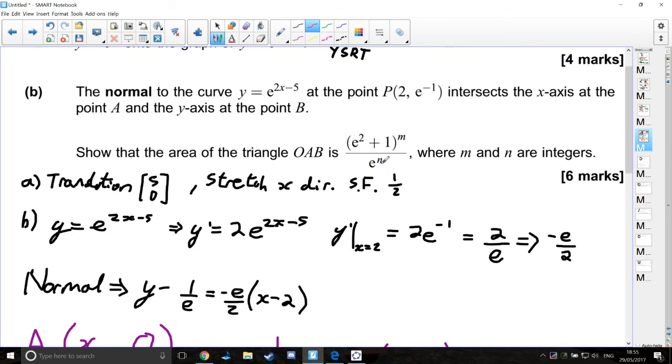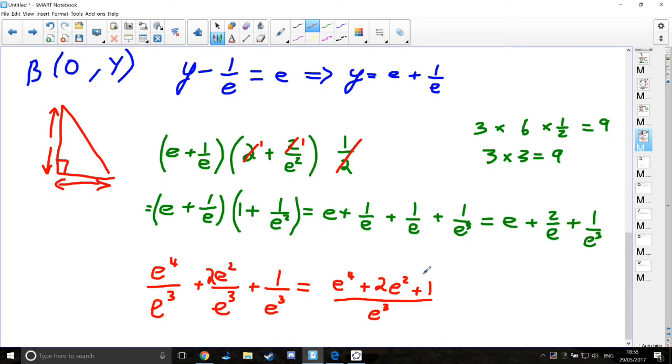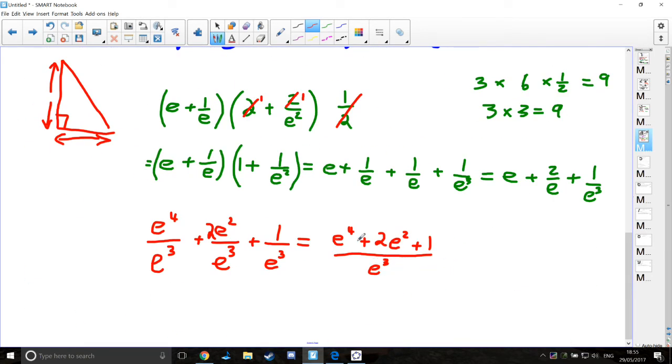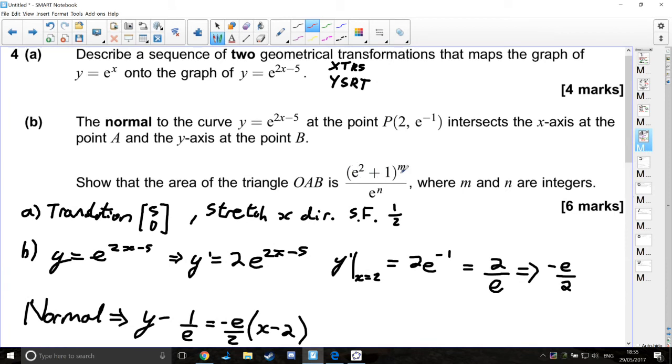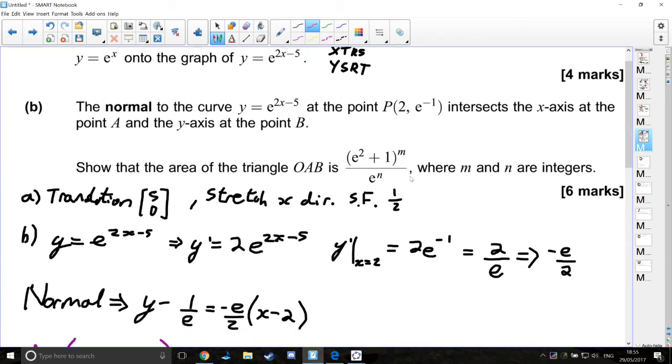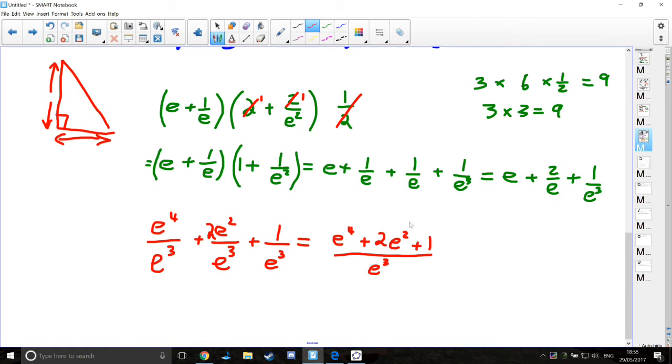We've worked out n. n is 3. That's all well and good. But how on earth are you supposed to go from this to this? Now it doesn't seem obvious at first, but what we actually have here is a quadratic. And this is something you can factorize.